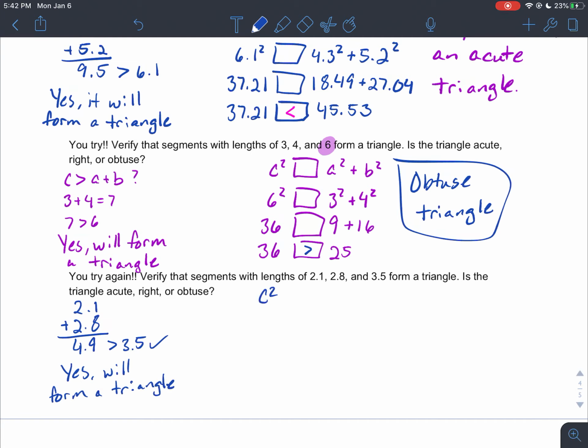And then is c squared what then a squared plus b squared? The longest side is c, so 3.5 squared is something, then 2.1 squared plus 2.8 squared. All right, so I didn't write these answers down ahead of time. That's a bummer.